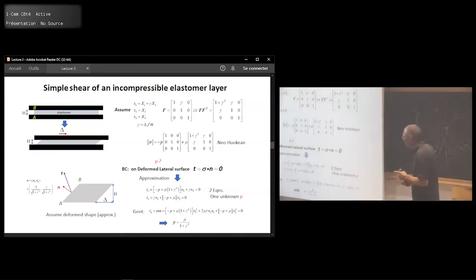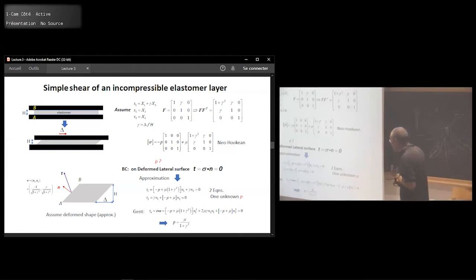So what I'm saying is, let's do it in this configuration. And then I found a paper by Professor Alan Jent, who is a really good nonlinear elastician and a great experimentalist. So he suggests the following approximation.